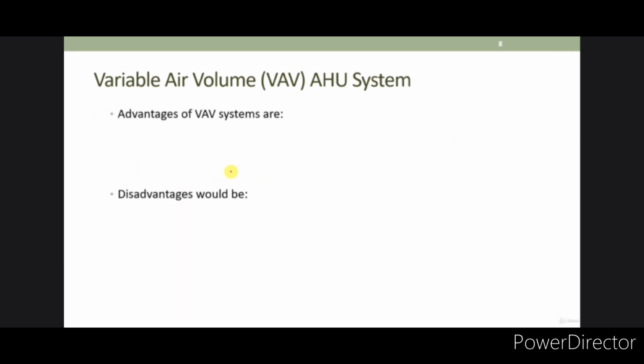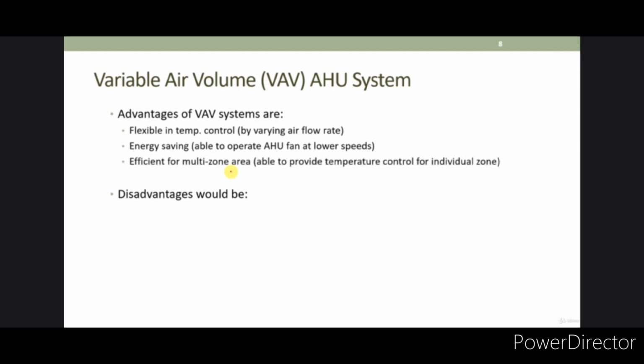So for variable air volume, let's look at the advantages first. It is flexible in temperature control because now you are able to modulate the amount of airflow rate into the room. And there are chances for energy saving because you will be able to ramp down the fan speed when the load is low. And it's very efficient for multi-zone areas.